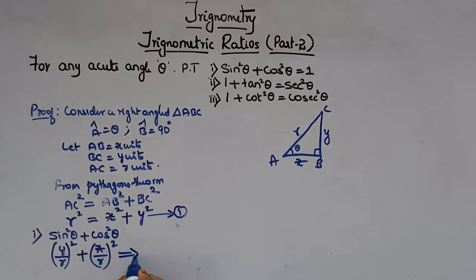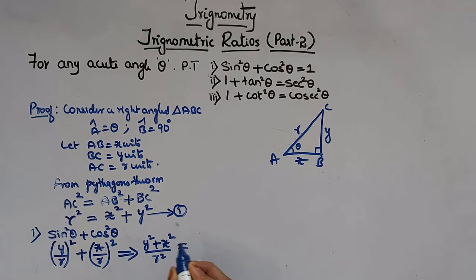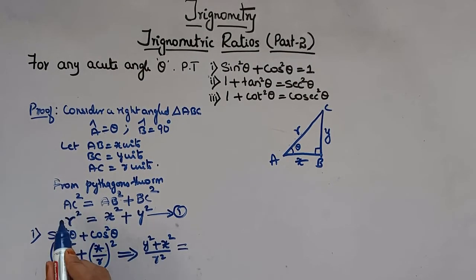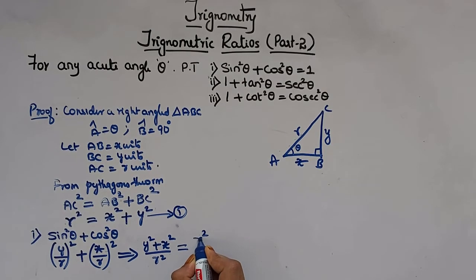Which implies we have the denominator r square, which is common. So numerator we have y square plus x square, which is x square plus y square.